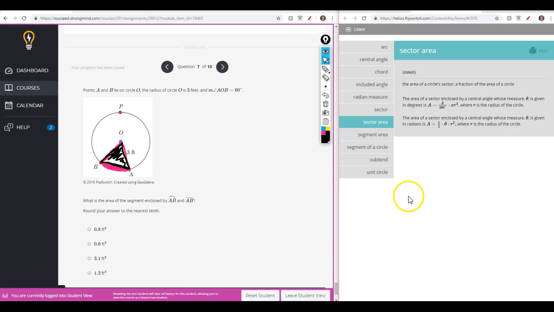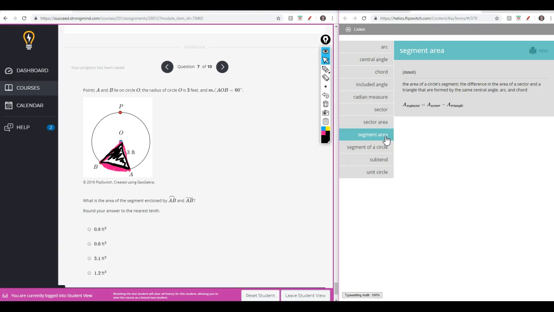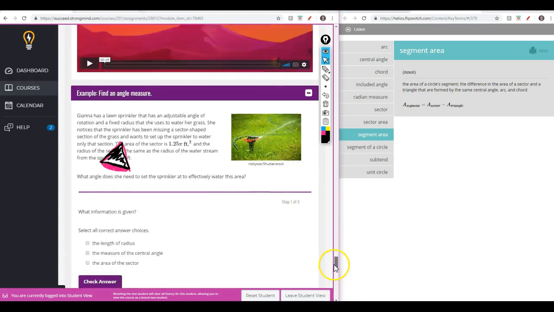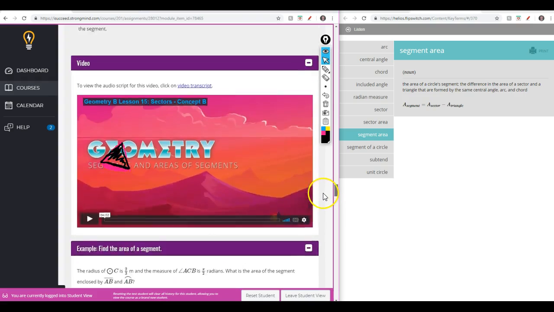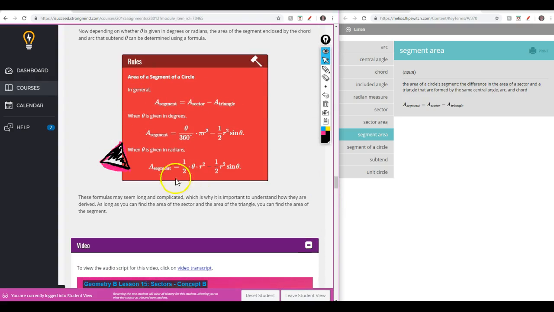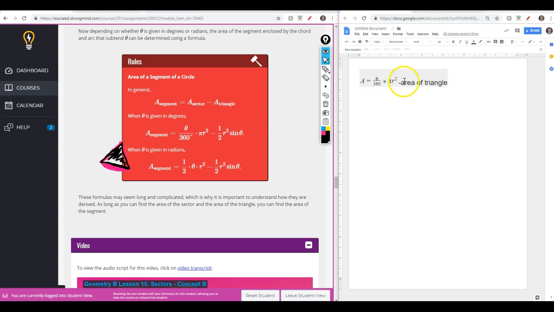Now let's jump over. We can jump to segment area, which gives us the area of a sector and area of a triangle, which is what we just found. Now if you scrolled up though, it does give them in a red box right here. So the area of a triangle is 1/2 r squared sine of theta.